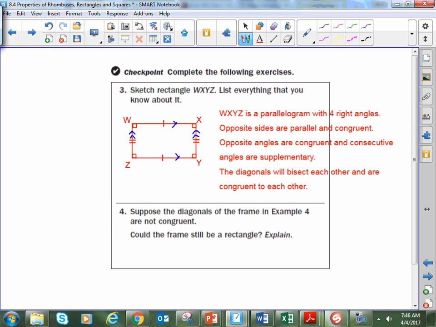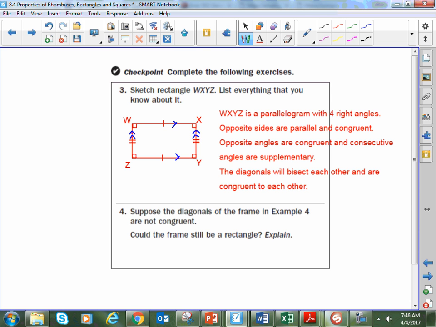This is all I was able to think of for the rectangle. It's a parallelogram with four right angles. Opposite sides are parallel and congruent. Opposite angles are congruent, and same side angles are supplementary. The diagonals bisect each other, and the diagonals will be congruent to each other. Those are all characteristics we're responsible for knowing simply by me saying, here we have a rectangle.